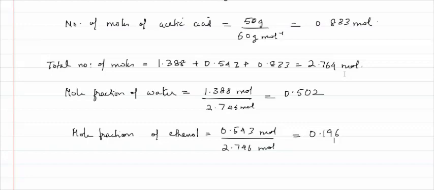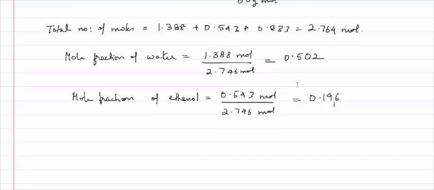Now we can similarly find the mole fraction of acetic acid also, but we know the sum of mole fractions is 1. That is mole fraction of water plus mole fraction of ethanol plus mole fraction of acetic acid is equal to 1.